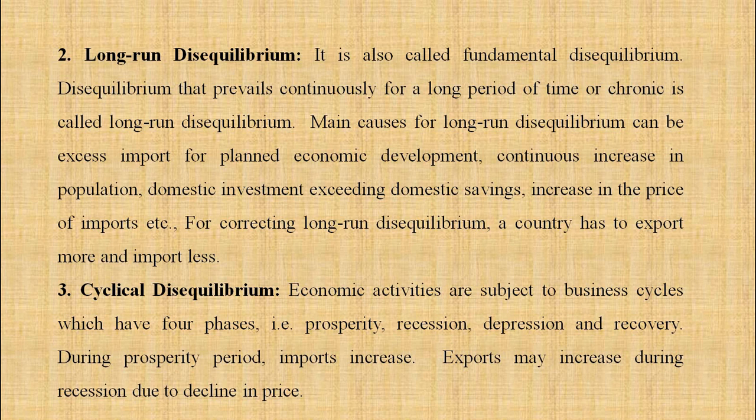Main causes for long-run disequilibrium can be excess import for planned economic development, continuous increase in population, domestic investment exceeding domestic savings, increase in the price of imports, etc. For correcting long-run disequilibrium, a country has to export more and import less.